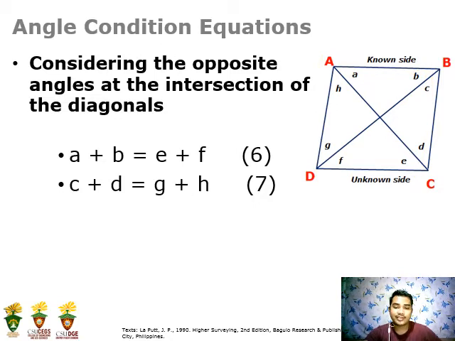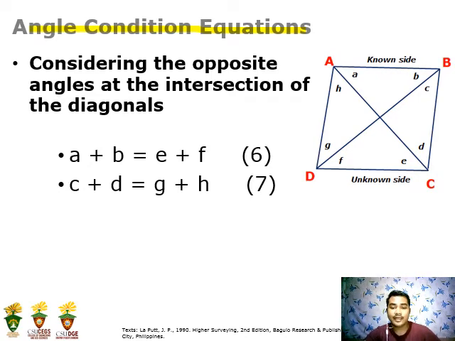So another equations that we'll be going to introduce is the angle condition equations. No, angle condition equations. So from this figure, the angle condition equation is A plus B, di ba, the sum of the opposite diagonals must be equal.